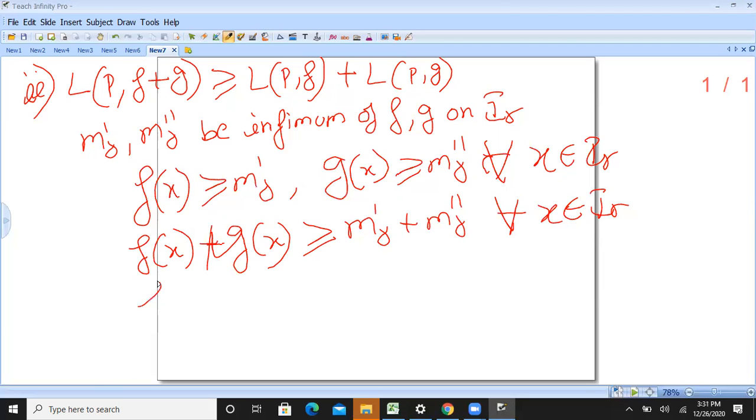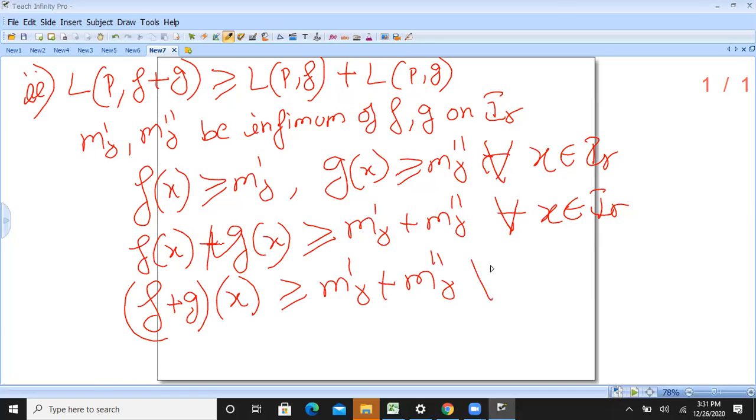So (f plus g) into x is greater than or equal to mr dash plus mr double dash for all x belongs to IR.